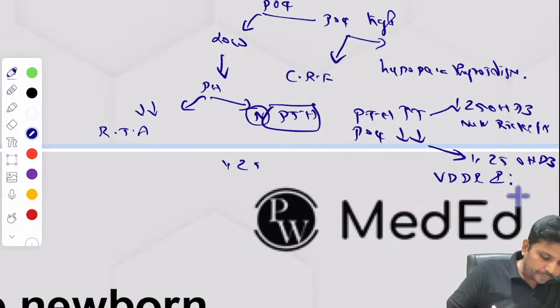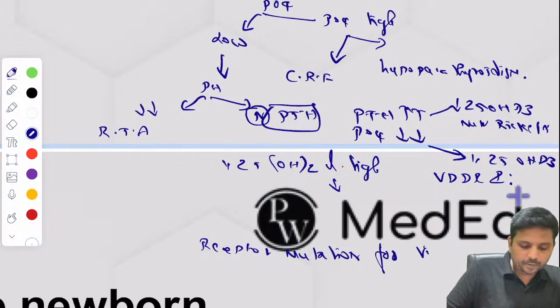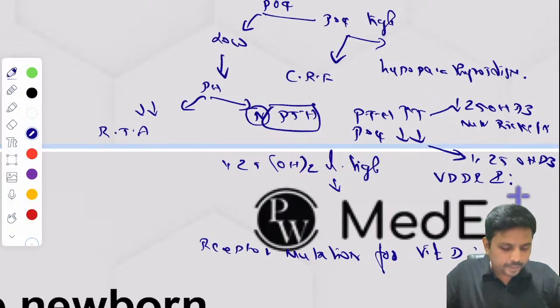Then if 1,25 dihydroxy D3 level is high, this is due to receptor mutation for vitamin D.